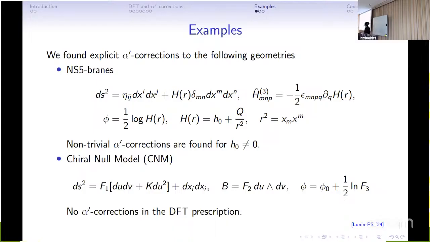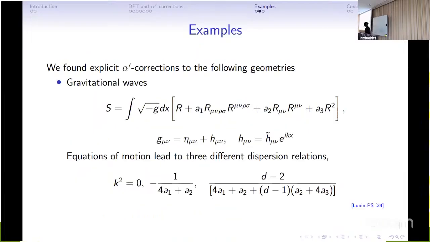We also did take a look at the chiral-null model, just to have a little toy model to work with, and just making sure that even in this prescription, there are no alpha prime corrections as well. So we even looked at that. Moreover, we looked at the alpha prime corrections coming out of gravitational waves. So let's say you are looking at all the possible combinations at higher order of alpha prime, which goes something like this.